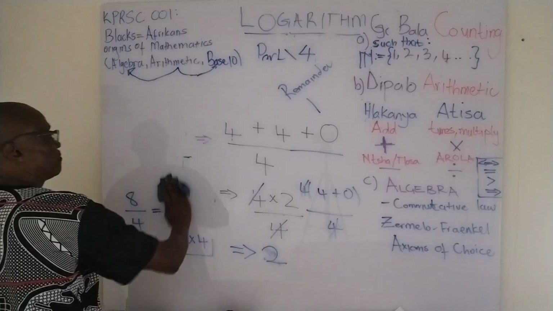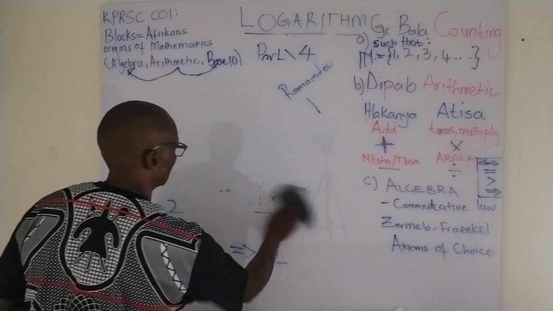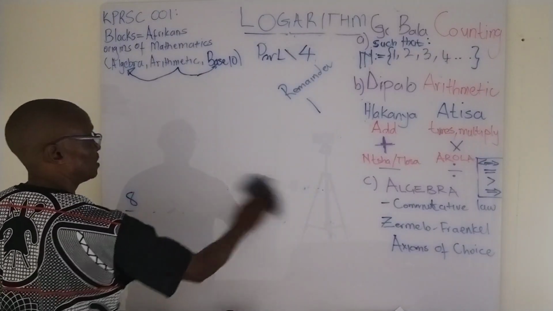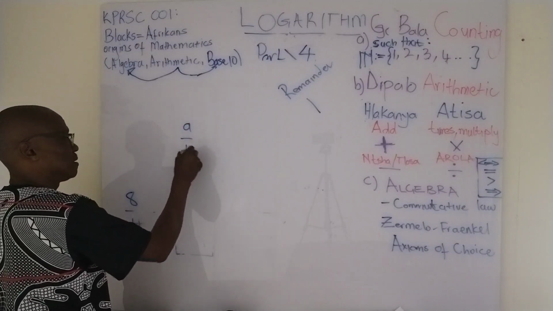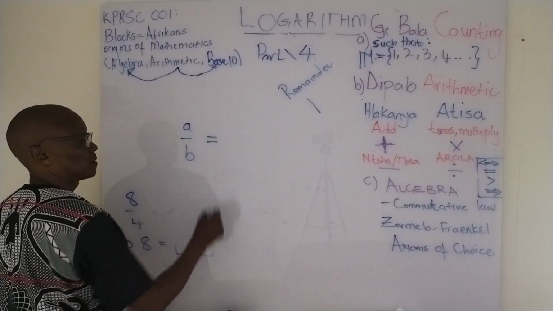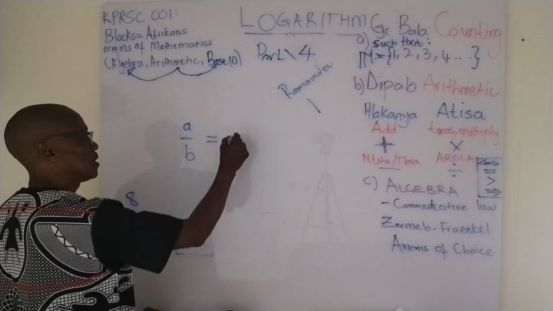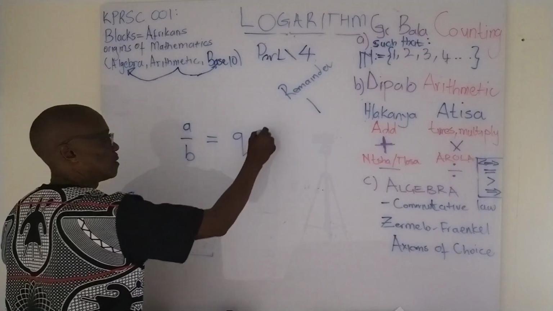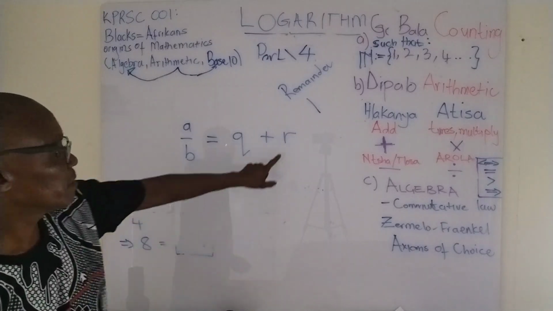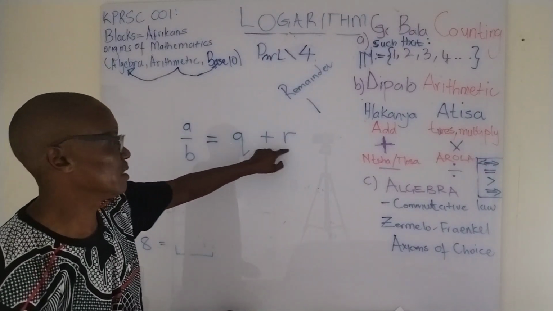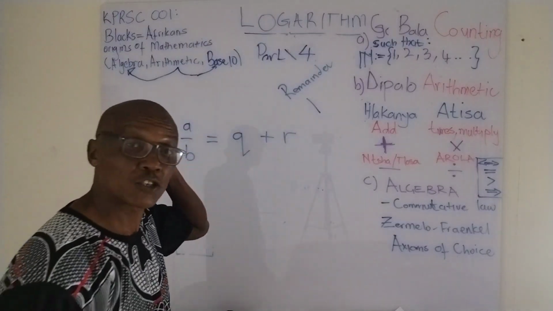So in general, you find the following. It says A divided by B is, or implies, or is related to a quotient plus a remainder. Now, if the remainder is 0, this will be plus 0, taking us to the neutral element, right? Axiom.